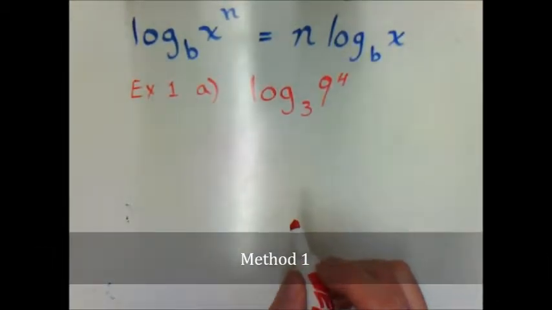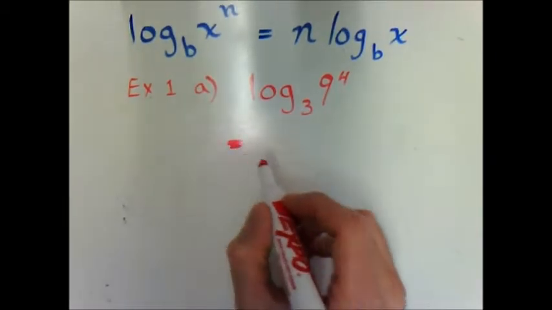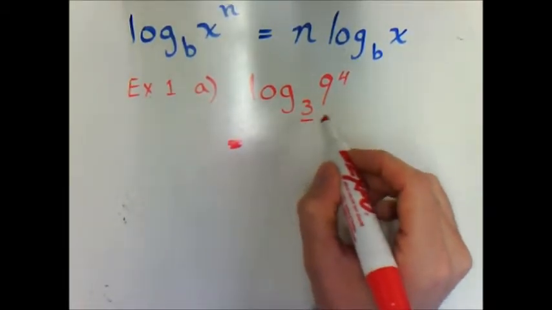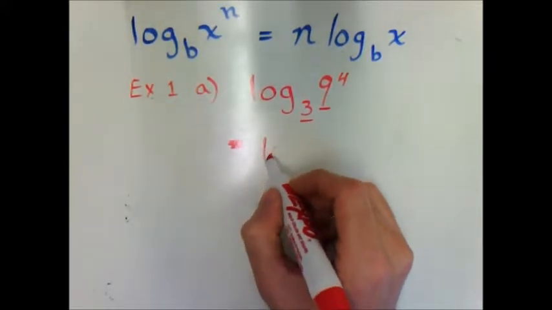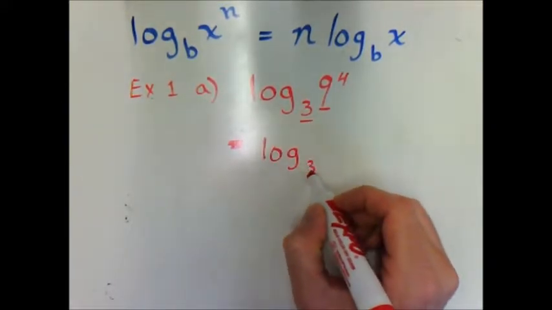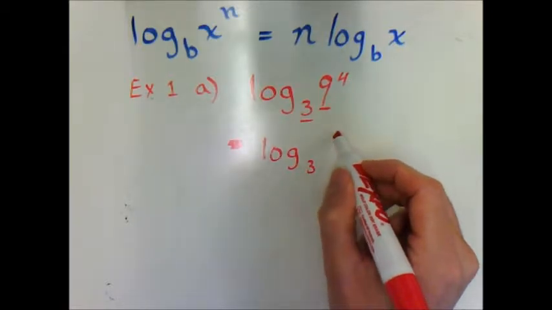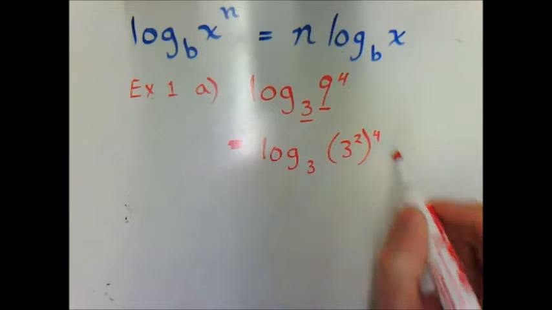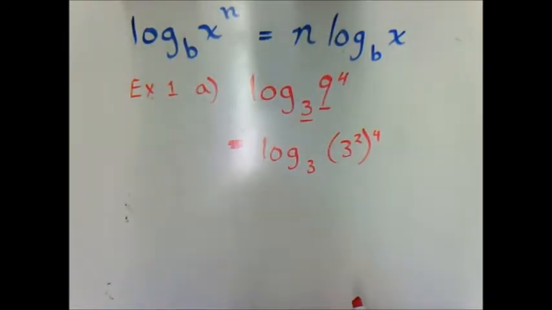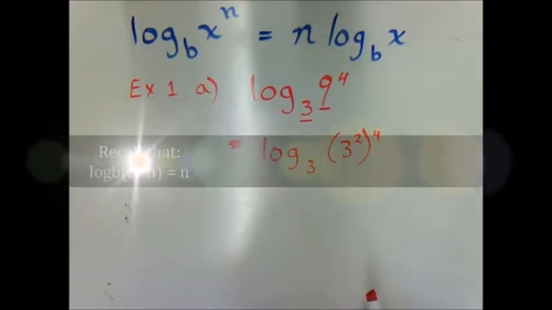Okay, I'm going to rewrite this because I think I have a connection here between this 3 and this 9. So we can rewrite this as the log with a base of 3 still. And I'm going to rewrite 9 as 3 to the power of 2, all to the power of 4.